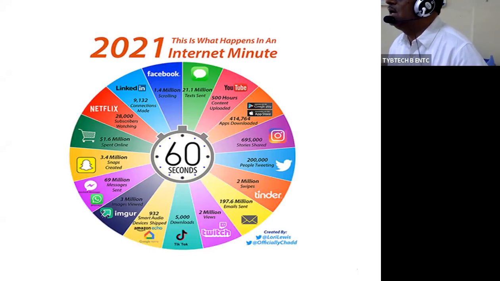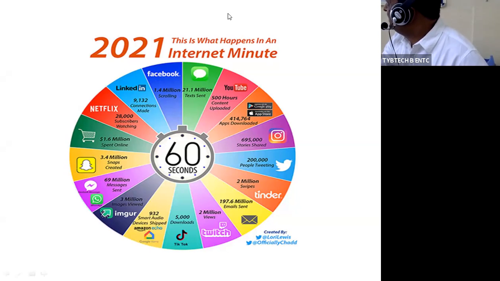If you look at this, you know better than us, right? What does this figure say? In 1 minute, these are all the activities taking place in the year 2021. Now we are in 2022, so obviously these data have increased, right?